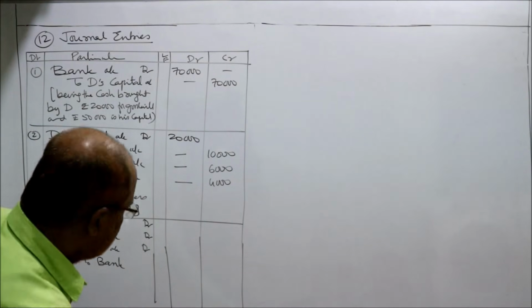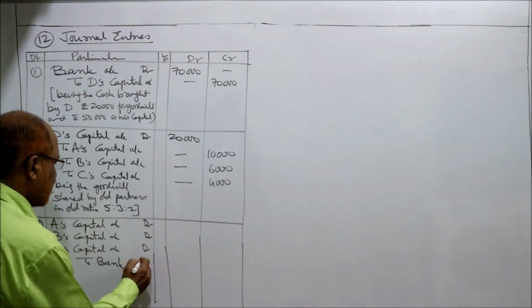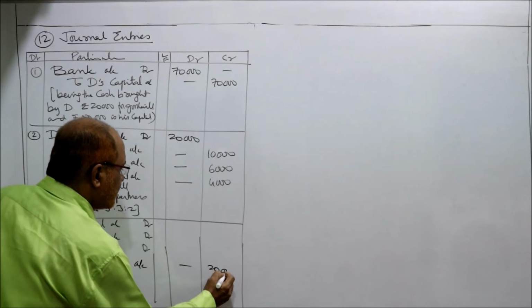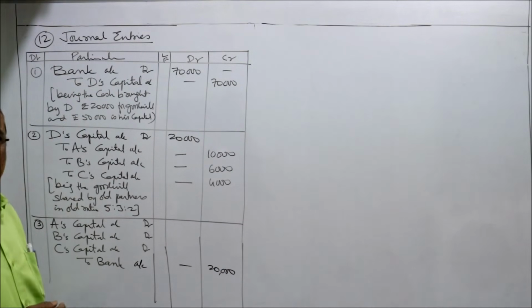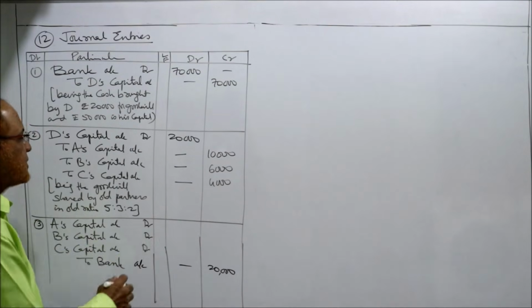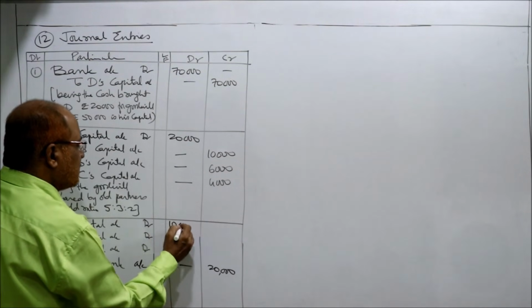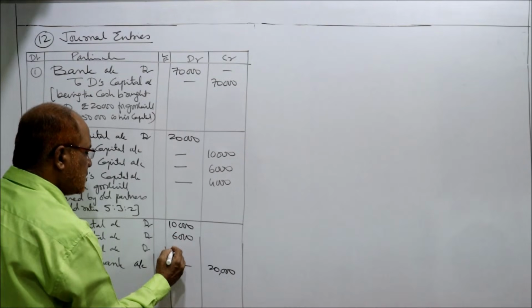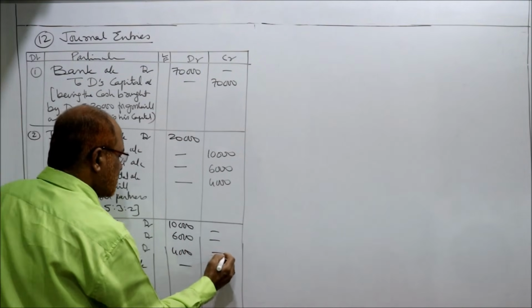To bank. So bank account 20,000. The goodwill amount they are withdrawing. When money is going out, bank account is credited and partner's capital accounts will be debited 10,000, 6,000, 4,000.